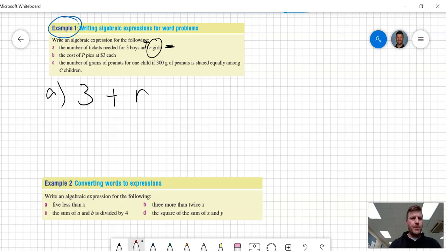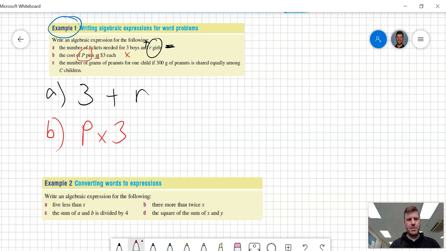Okay, moving on to example 1b. The cost of p pies at $3 each. So we're talking about mathematically, multiply. Okay, so p pies. We don't know how many pies, so it's p pies. At means times, and they're $3 each, so p times 3.